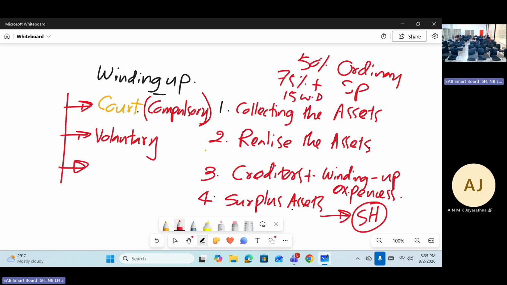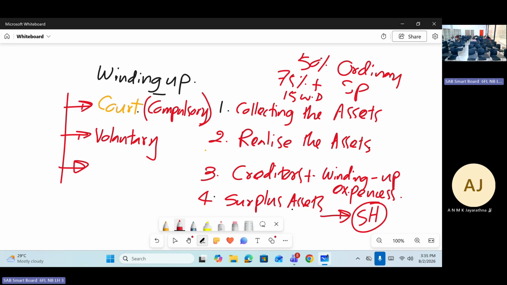In order to approve a major transaction, special resolution is required. In order to change the name, special resolution is required. In order to approve amalgamation, merging with another company, special resolution is required. We have to consider the seriousness of the decision.